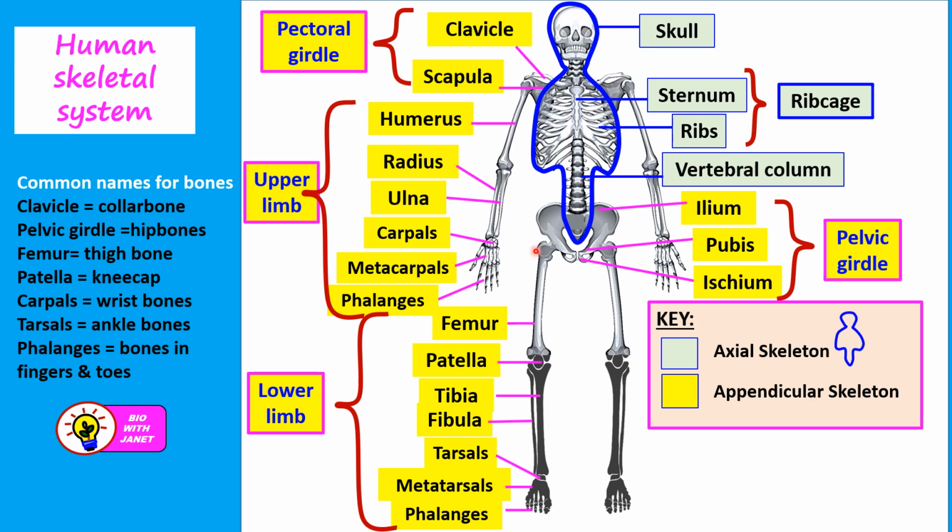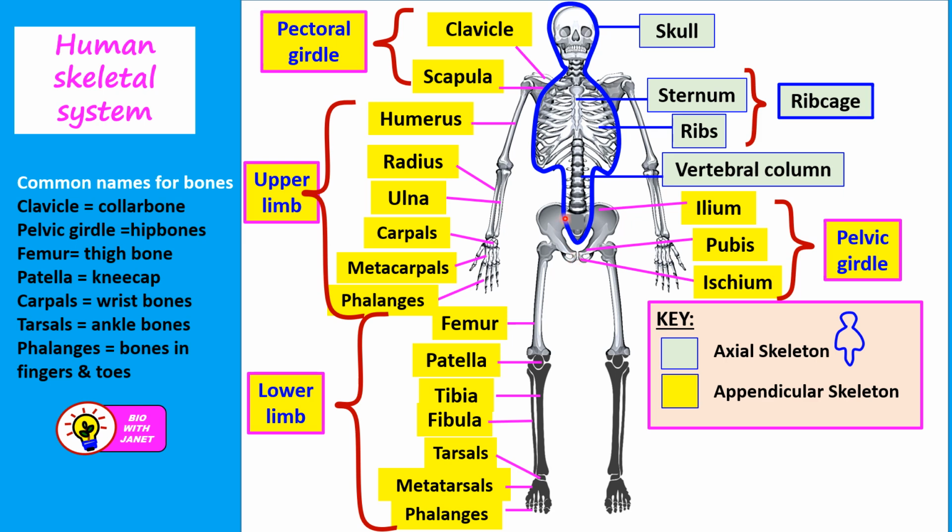All right. So how about the lower part of the body? Here we have the pelvic girdle, which consists of three types of bones: the ilium, pubis, and ischium. There are a pair of ilium, a pair of pubis, and a pair of ischium. So that makes up the whole pelvic girdle.